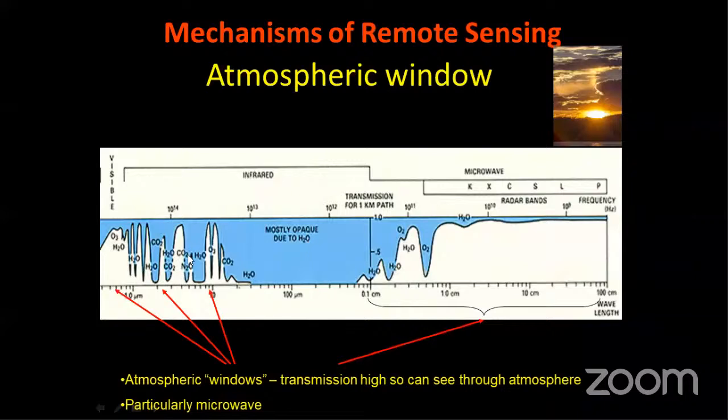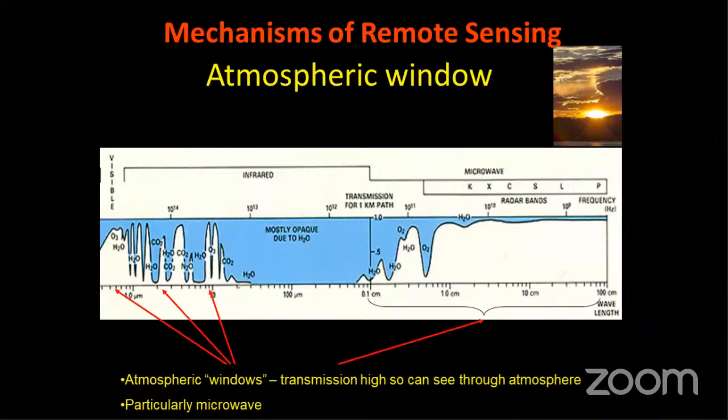These are specific regions of electromagnetic radiation where there is no absorption by atmospheric constituents. So maximum energy gets passed through, and these small portions are called atmospheric windows, and they are transparent to the sun radiation.